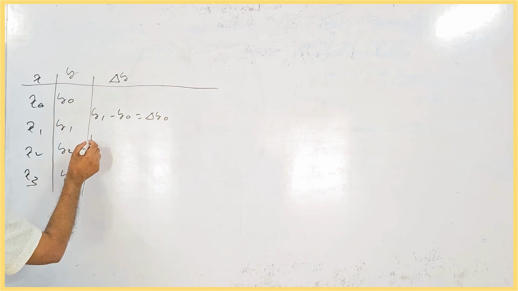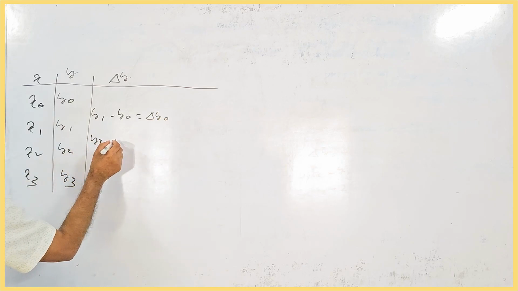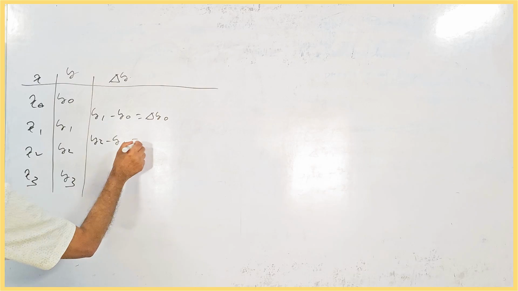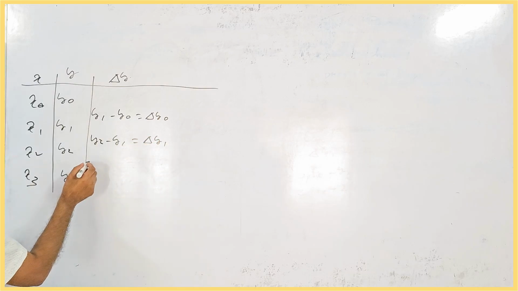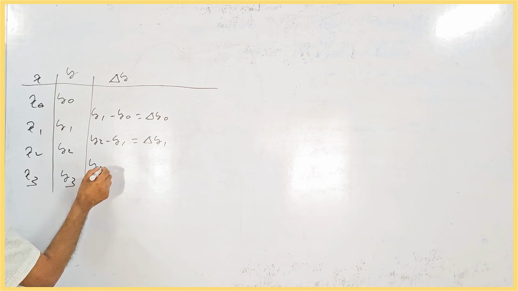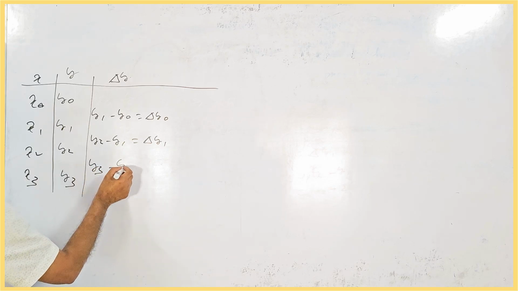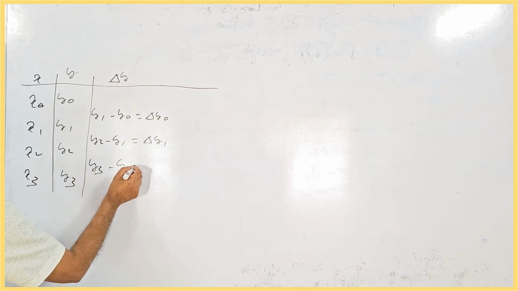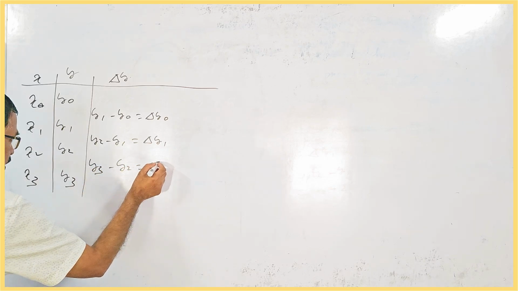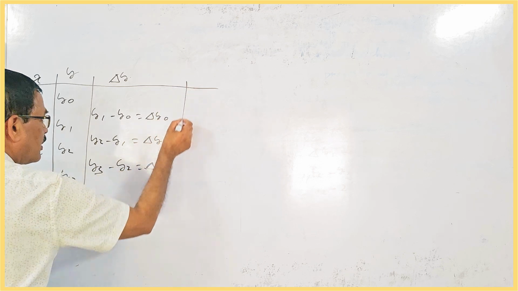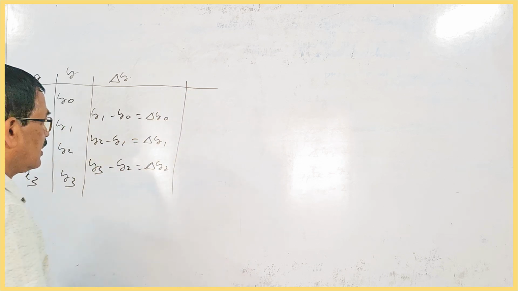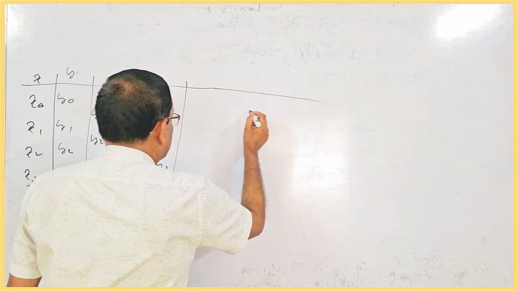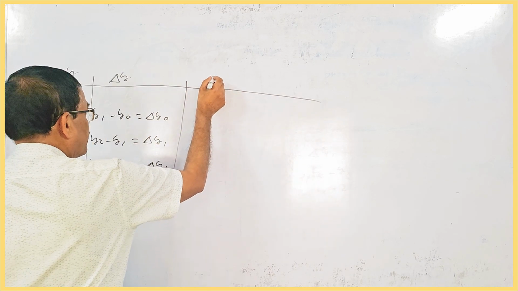Similarly, y2 minus y1 is equal to delta y1, and y3 minus y2 is equal to delta y2. Again, the difference of the first difference is the second difference, denoted by delta square y.